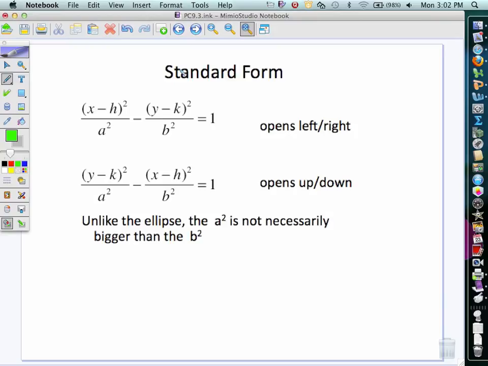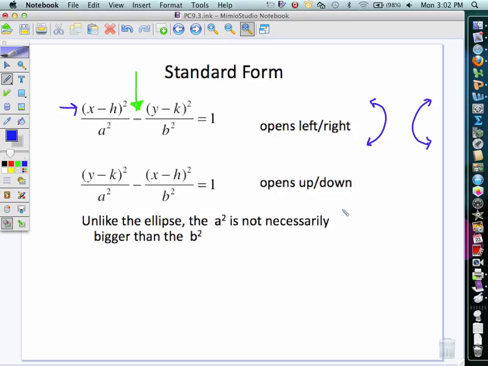Standard form, you've got two different standard forms. The main key here is that the standard forms are a subtraction. Either you do the squared x's minus the squared y's, or the squared y's minus the squared x's. If your x's are being squared, then your hyperbola opens left or right.